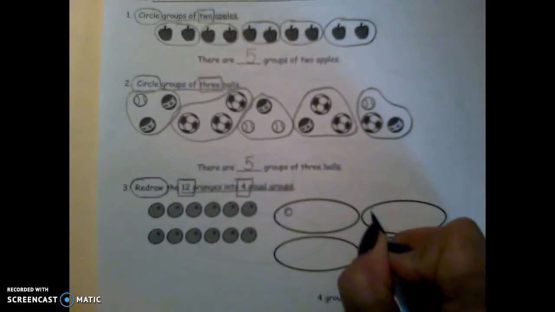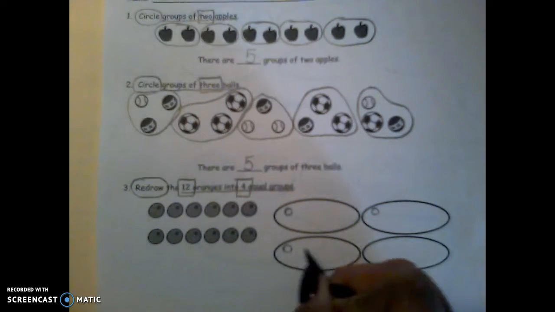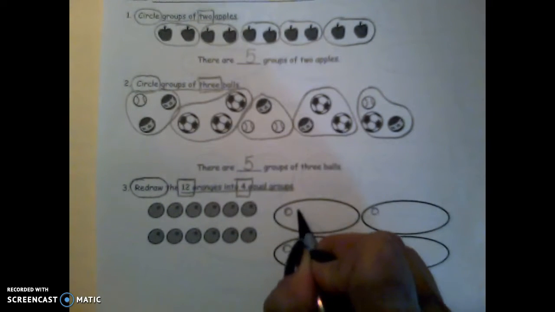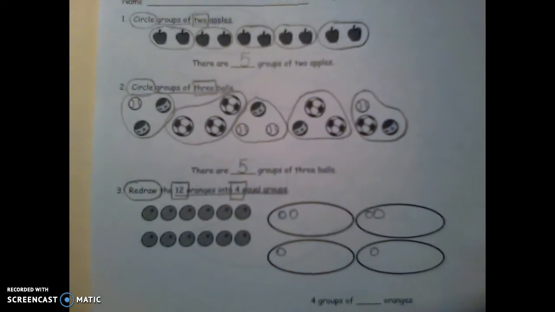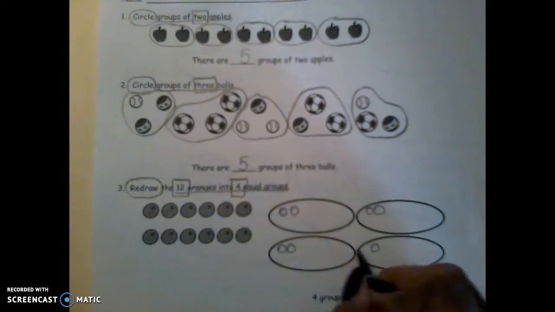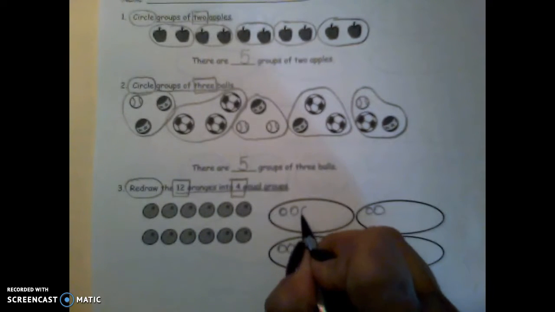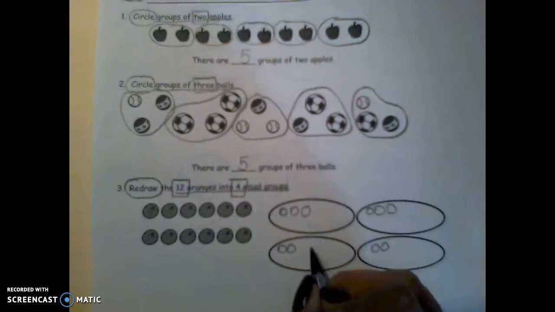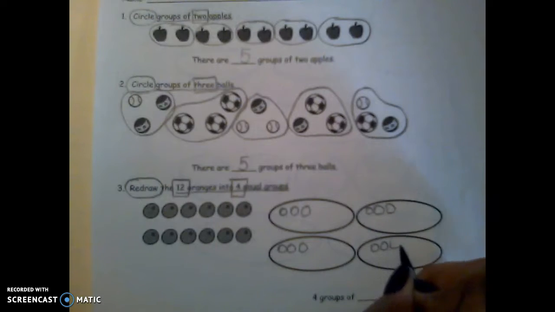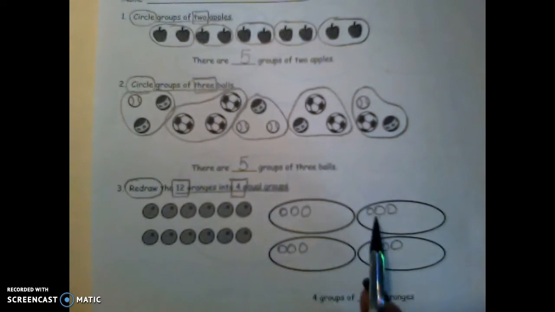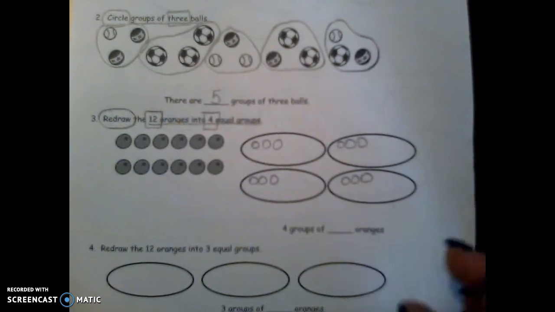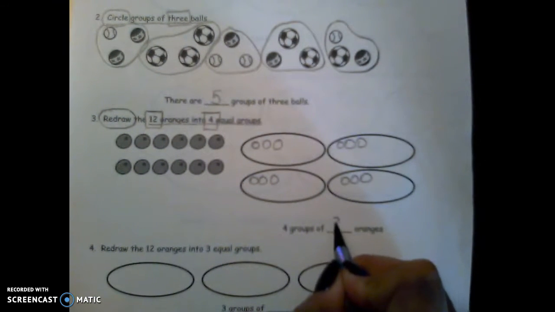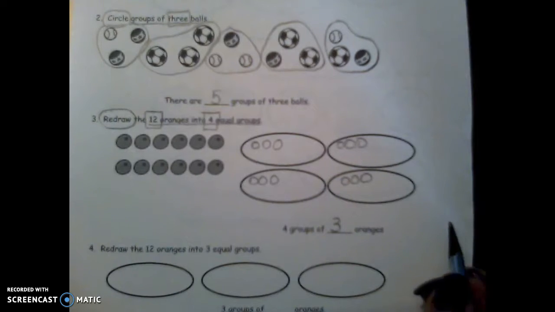There's 1, 2, 3, 4, 5, 6, 7, 8, 9, 10, 11, 12. I have 4 groups, and in each group there are 3 oranges.